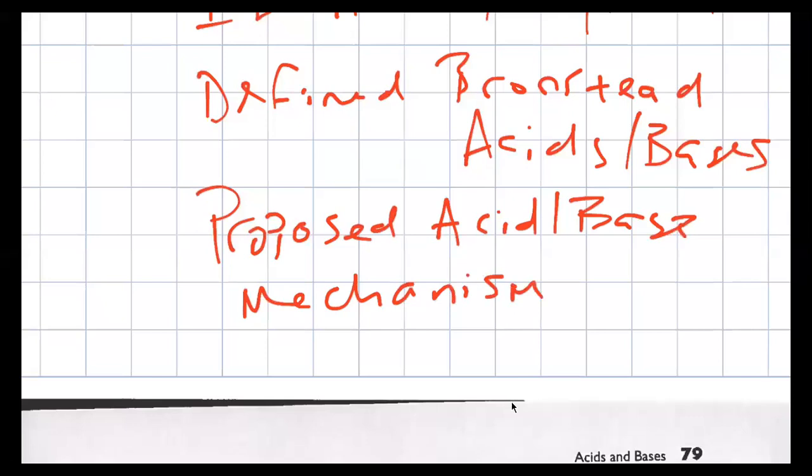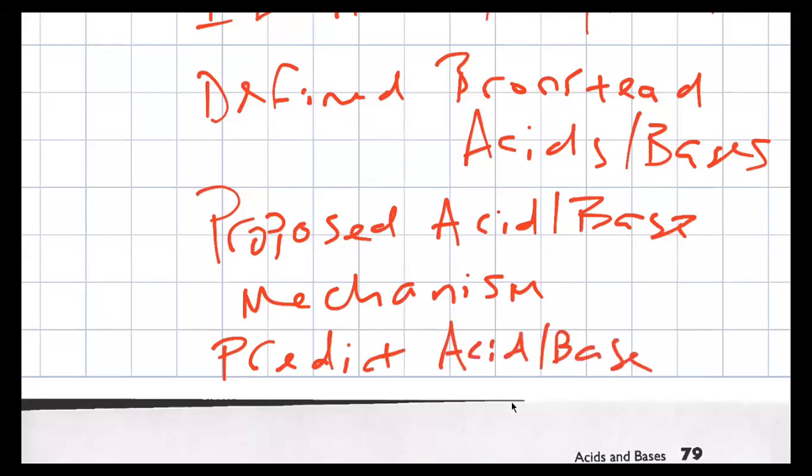We put the arrows in to show how the acid and the base interact with each other. And then the last thing we did was what? Predicting acid base equilibrium. Right? We did a lot.